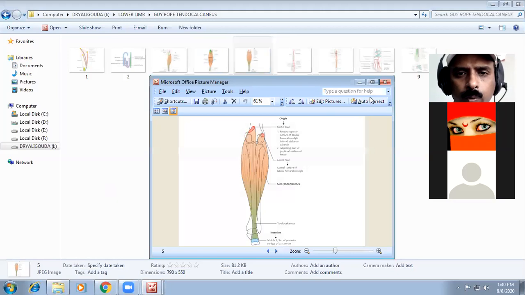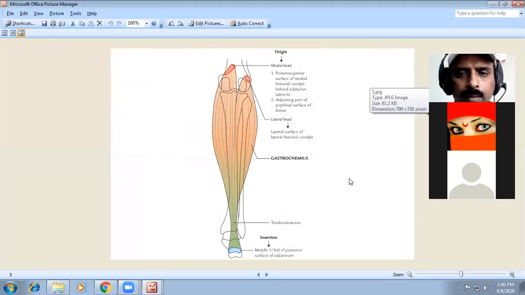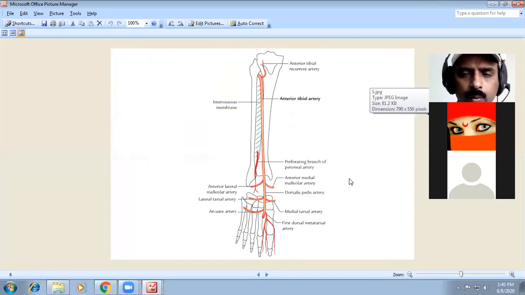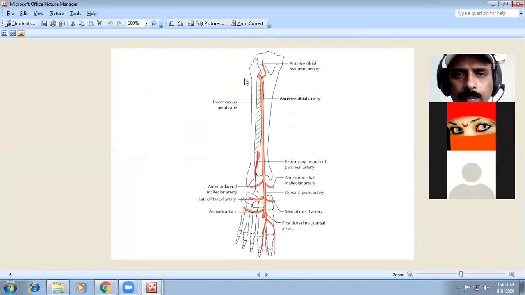Then you have to know about the soleus and this muscle. Remember the anterior tibial artery: femoral artery, anterior tibial artery, and dorsalis pedis. Dorsalis pedis artery is commonly asked, so you also have to study it. It is a continuation of the anterior tibial artery and terminates between the ankles, at the proximal end of the first intermetatarsal space.